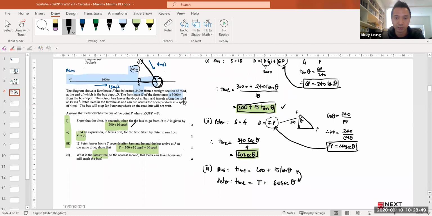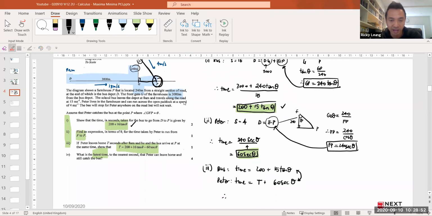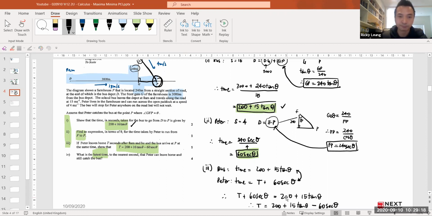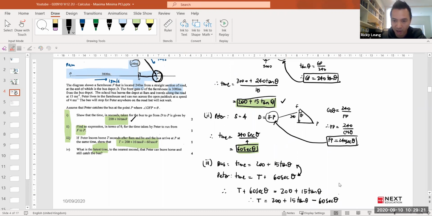For part 3, the concept is hard, but the mathematics is really easy. I'll set Peter's time on the left, so it's easier to throw the 60 sec theta on the other side to make T the subject. T equals 200 plus 15 tan theta minus 60 sec theta. And I have it. That's step 1 in the framework done, where in this case step 1 has 3 parts worth 4 marks.